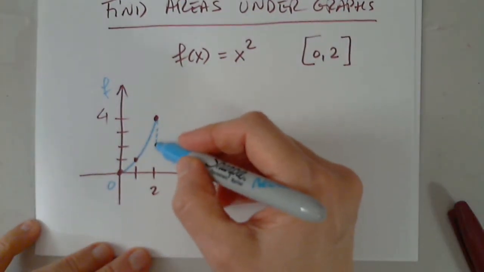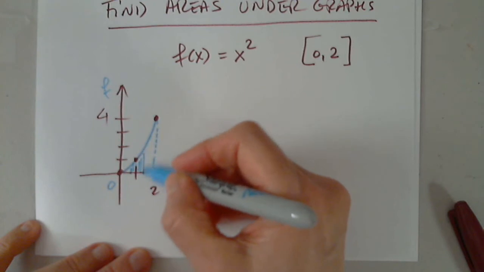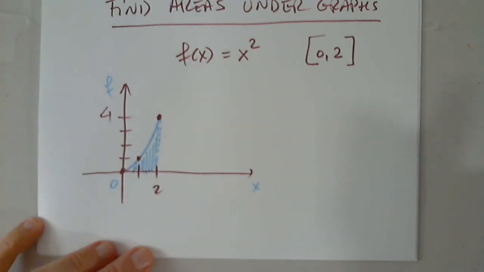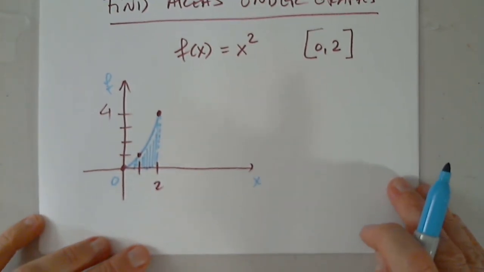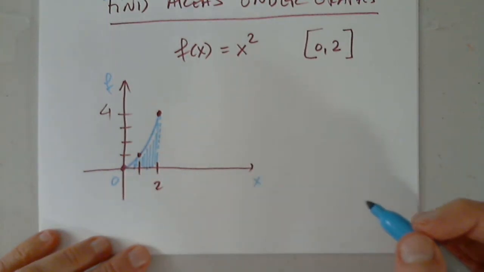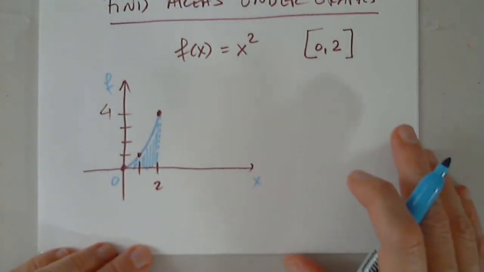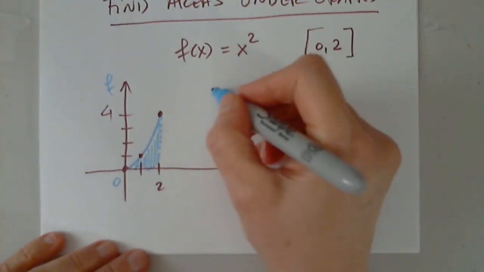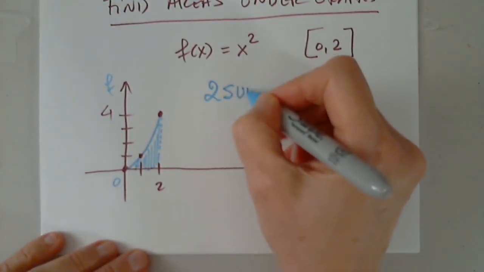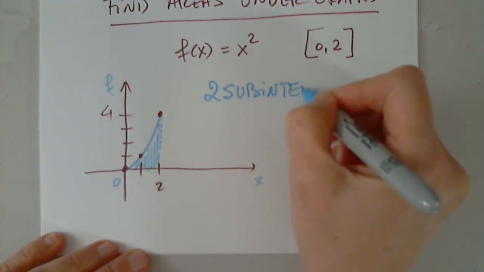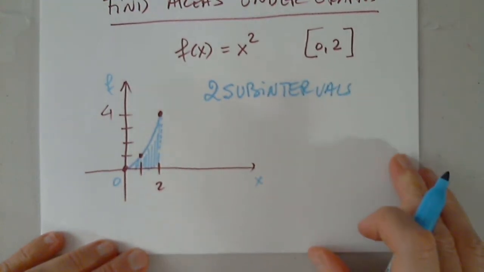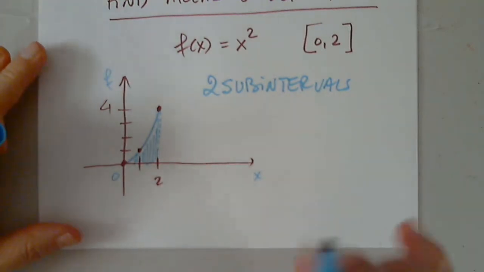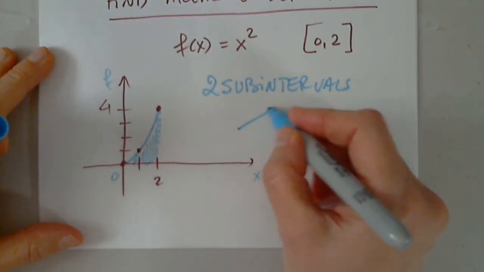And I'm interested in determining this area. At this point, I cannot find the exact area. I will be happy with an approximation. So let's suppose we use 2 subintervals for now. And using 2 subintervals, I have 3 options.